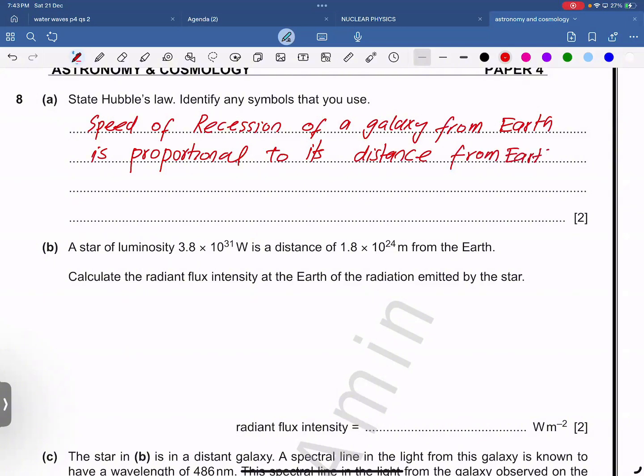I didn't use a symbol. If you use a symbol, then you will say V equals H naught D. Then you need to say what is V, what is D, and what is H naught.